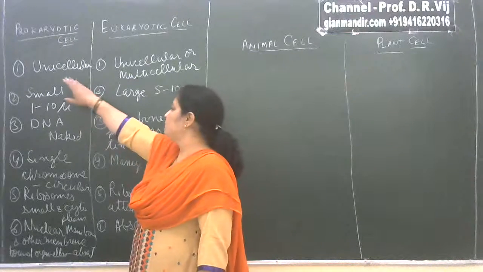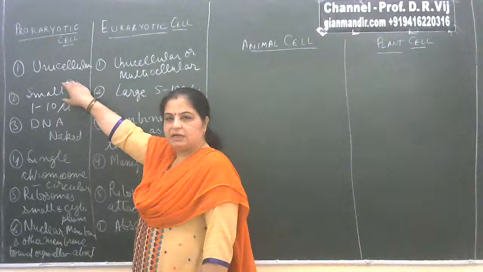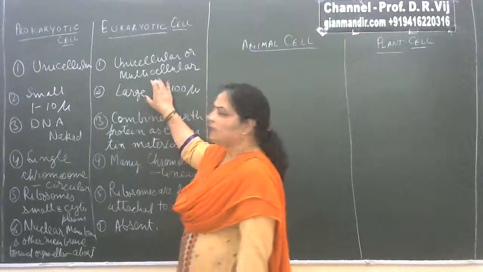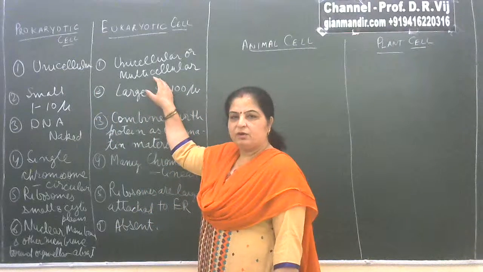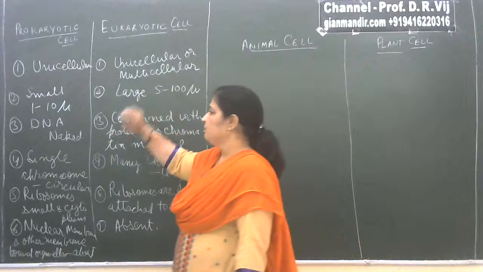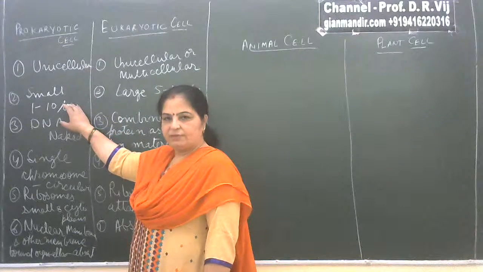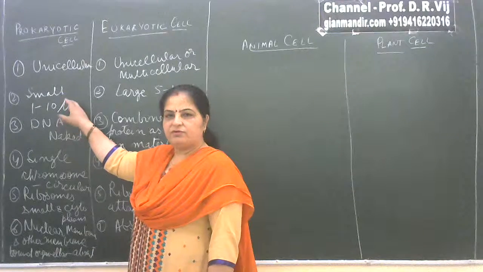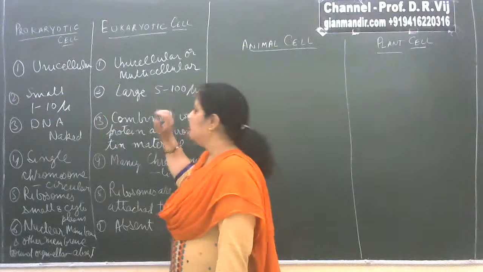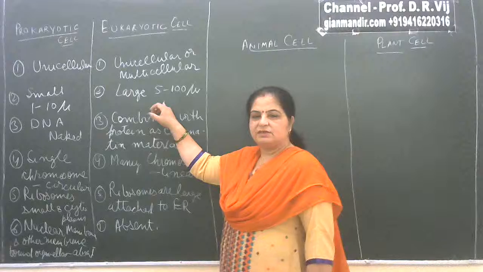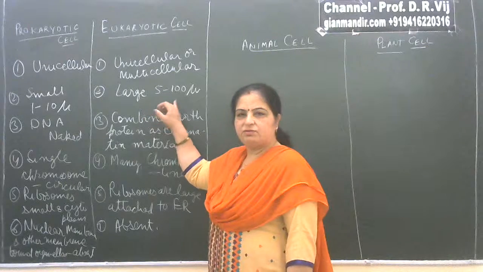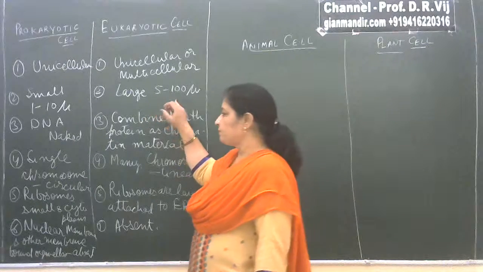First of all, prokaryotic cells are always unicellular, whereas eukaryotic cells may be unicellular or multicellular. The size of the prokaryotic cell is comparatively smaller. It ranges from 1 to 10 micron, but the size of eukaryotic cells is large. It ranges from 5 to 100 micron.